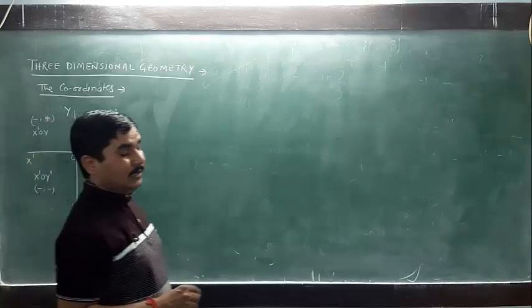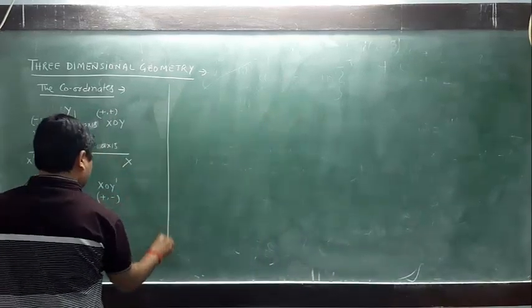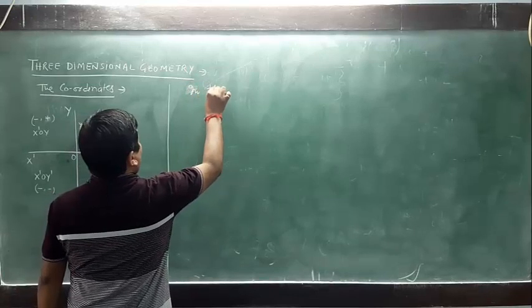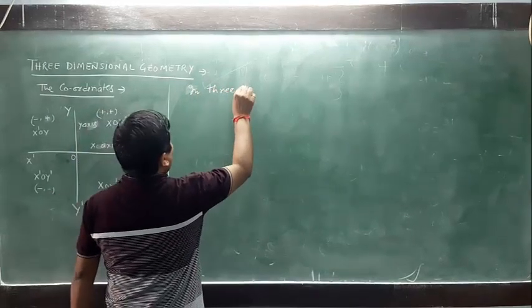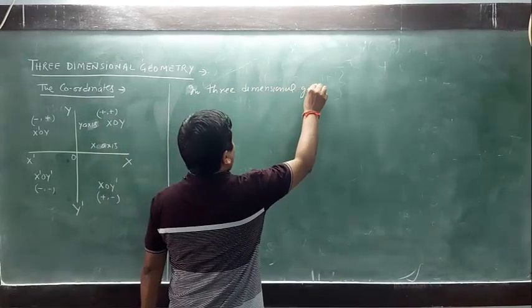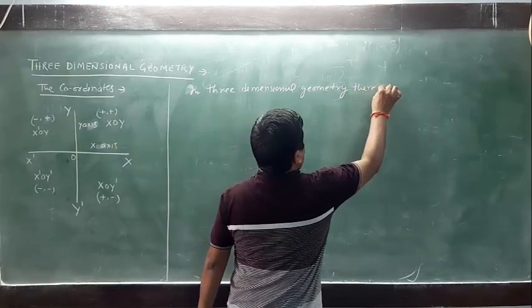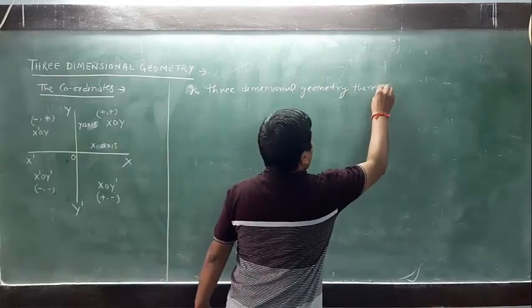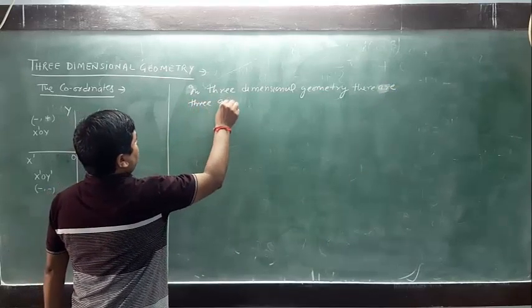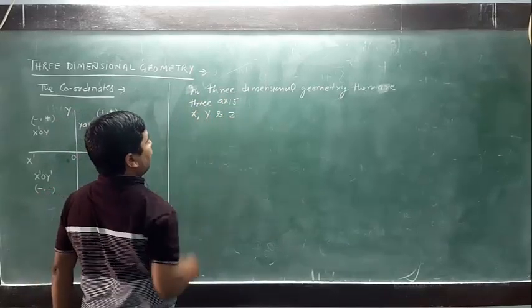In three-dimensional geometry, there are three axes: x-axis, y-axis, and z-axis.